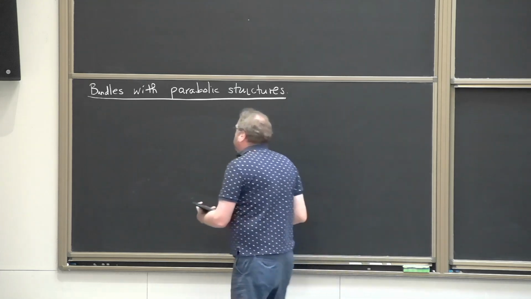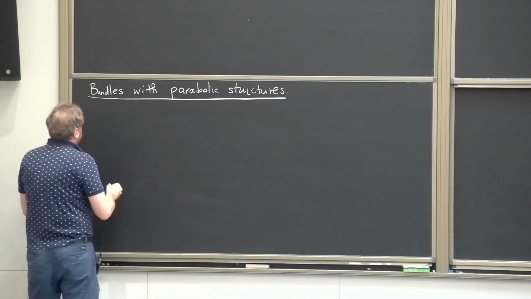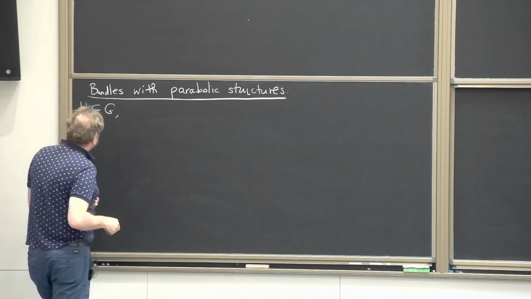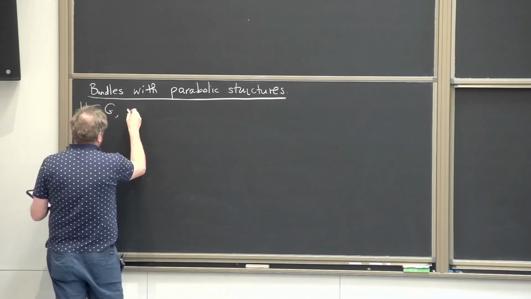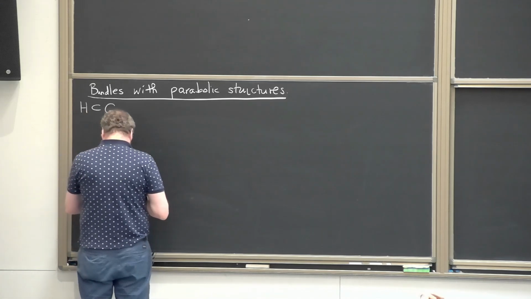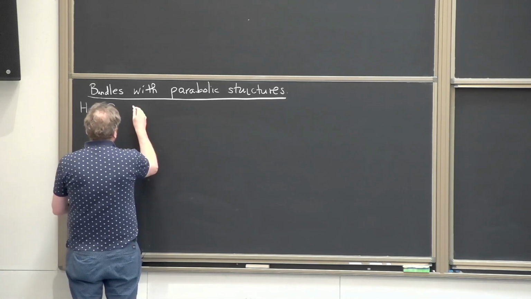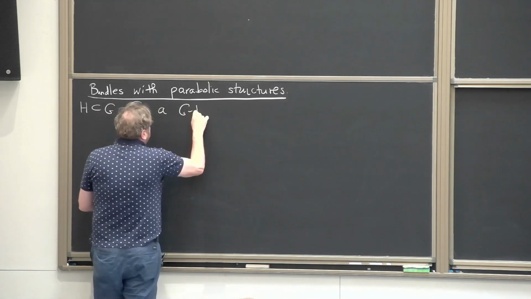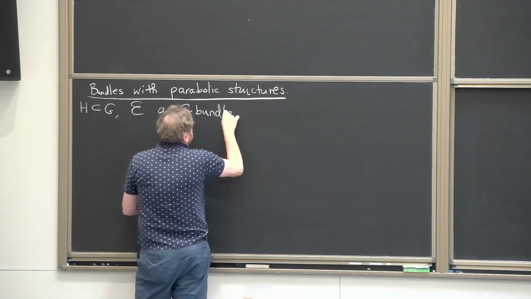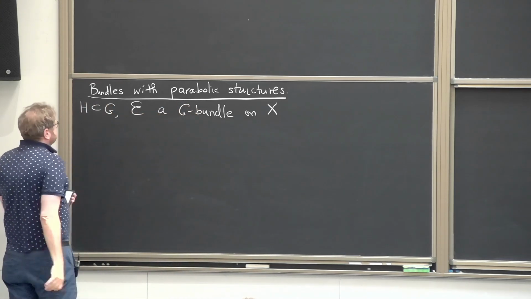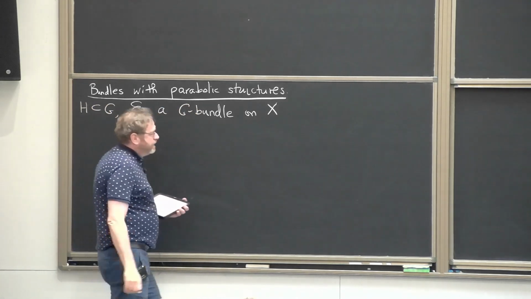So first, suppose we have H inside G, a closed subgroup, and suppose we have E, a G bundle on X. So at this point, this is very general. You can take any variety, any algebraic group.